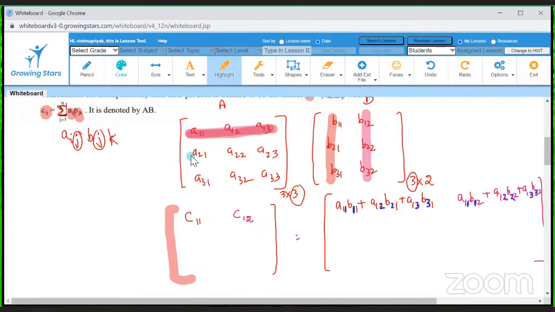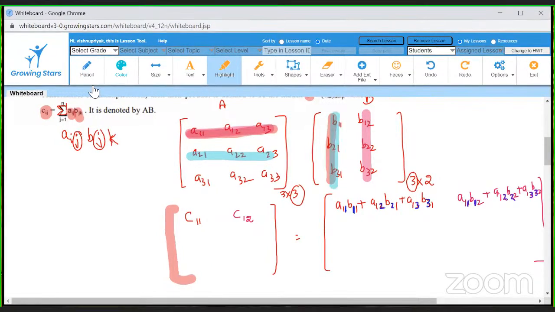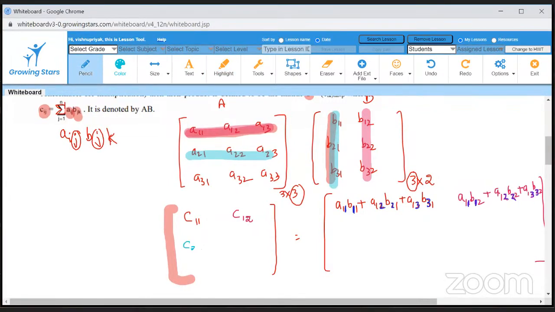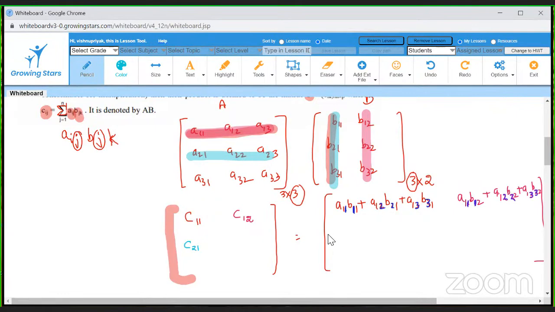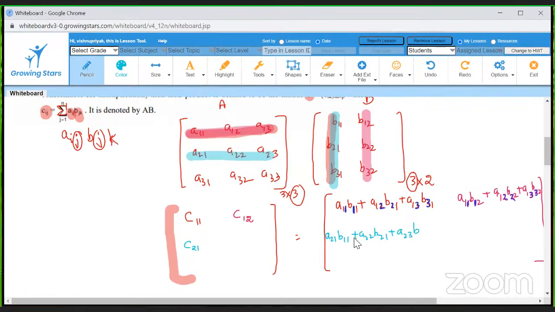You will multiply second row, first column. When you multiply second row, first column, you will get C21. That means how will you multiply? A21, B11 plus A22, B21 plus A23, B31.